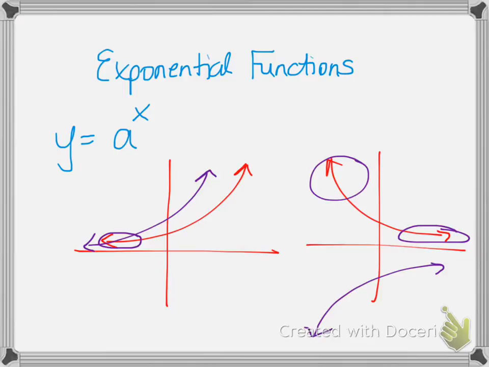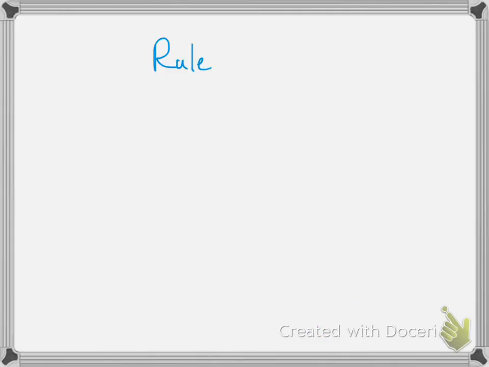Now today, we're only dealing with this kind, y equals a to the x. We will deal with what happens with that negative, but the function still looks very, very similar. The negative is only going to be affected just with a negative. So here's your rule.